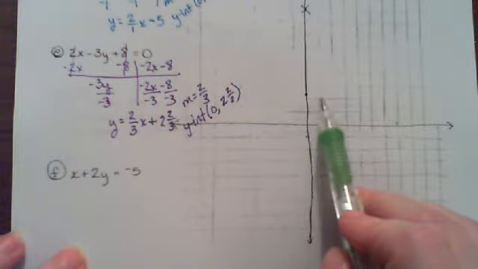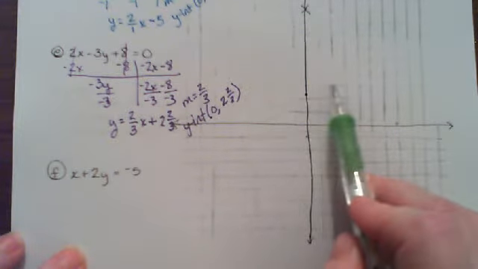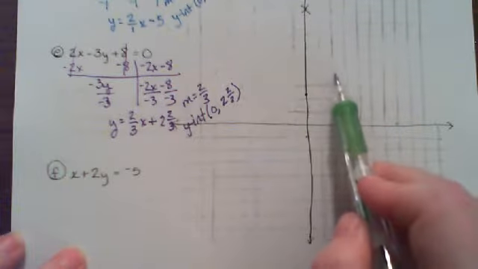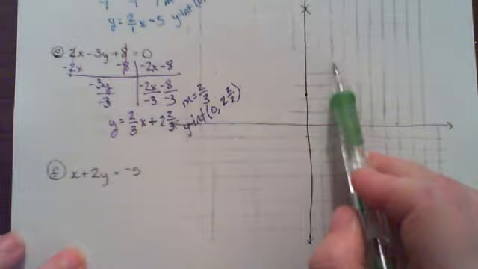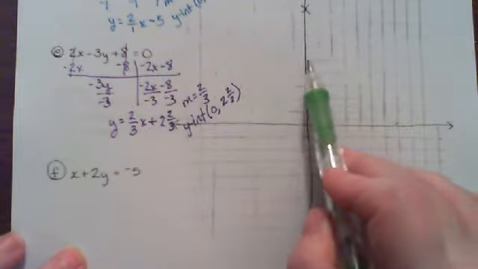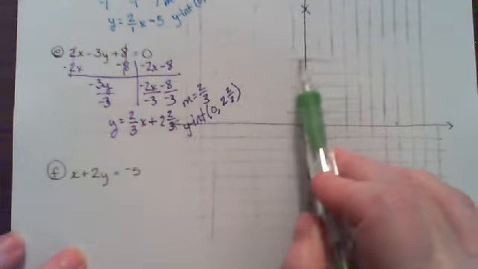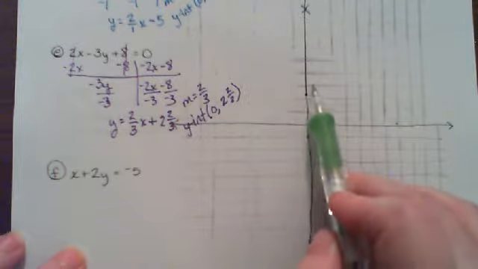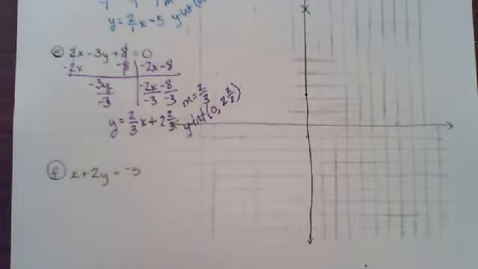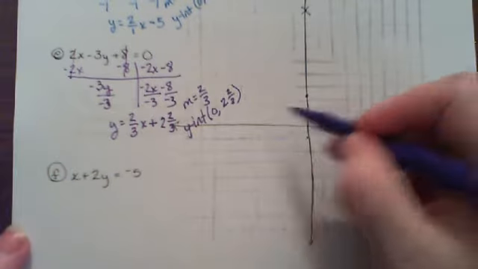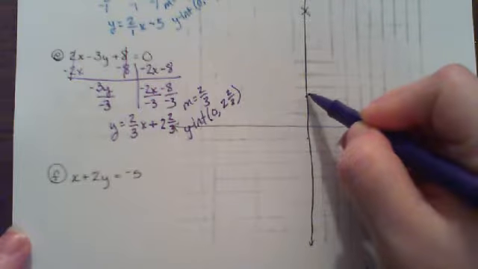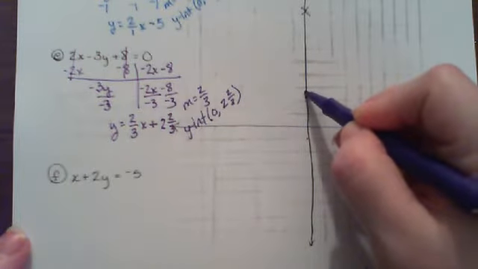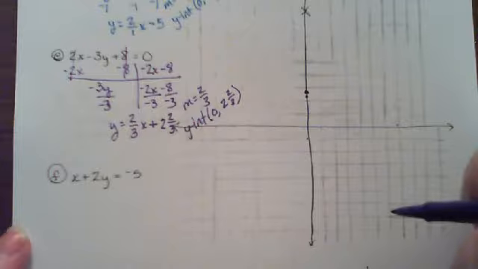So this was one, this was one, this was one, and then it looks like right around there was one. You'll probably have to darken yours in too. So at 0, up 1, up 2, and that's more like a third, not 2/3. So I'm going to go up to here and put my dot.